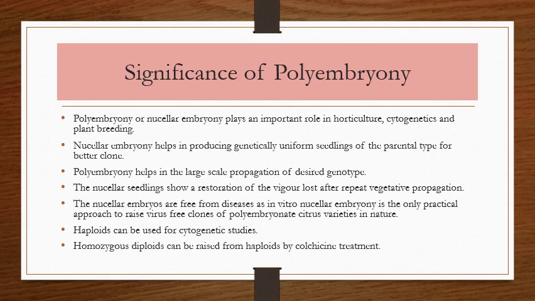Polyembryony helps in the large-scale propagation of desired genotypes. The nucellar seedlings show a restoration of the vigor lost after repeated vegetative propagation. The nucellar embryos are free from diseases, as in vitro nucellar embryony is the only practical approach to raise virus-free clones of polyembryonate citrus varieties in nature.